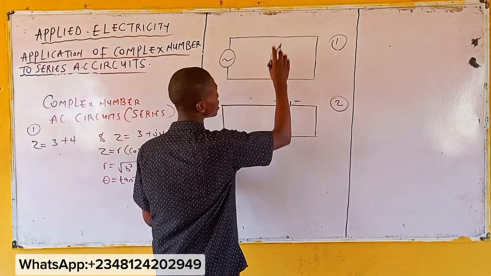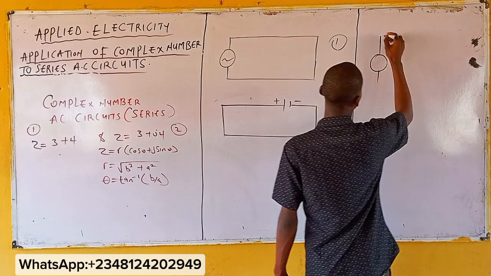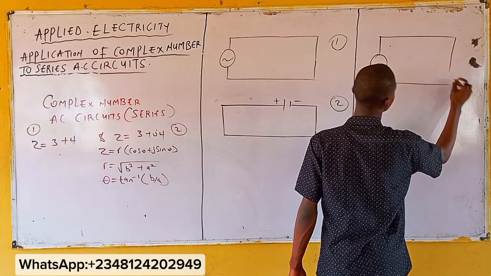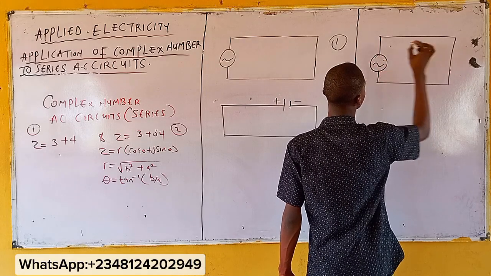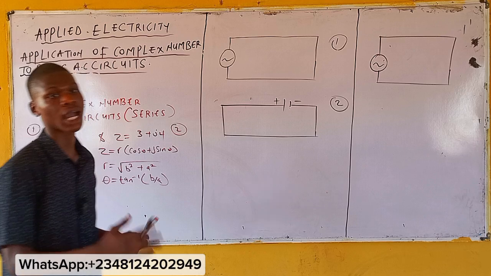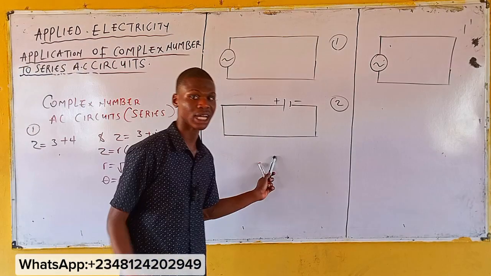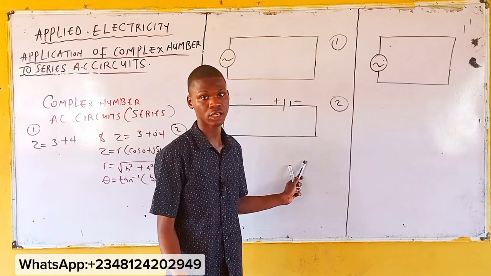Alright, now let's say we have this diagram also. Let's say you have this. This is AC circuit, right? Let's say this is 1 prime. Now, 1 and 1 prime, they are AC circuits, but 2 is a DC circuit. Now, we want to distinguish between AC circuit and DC circuit by current.